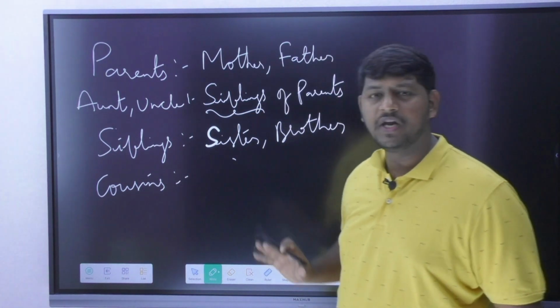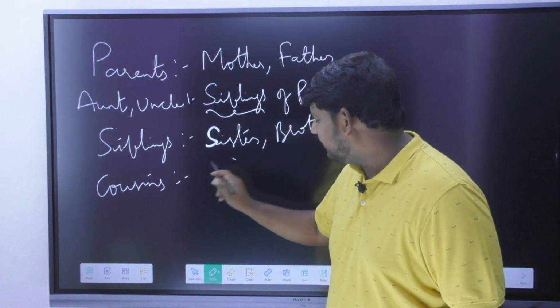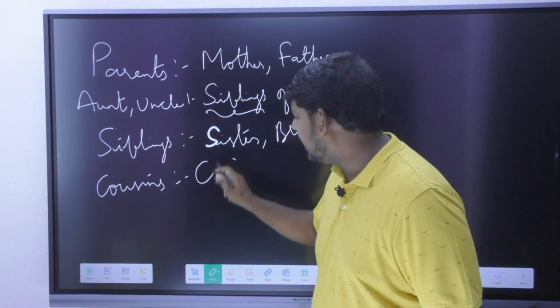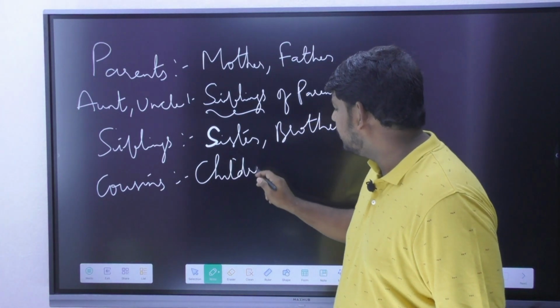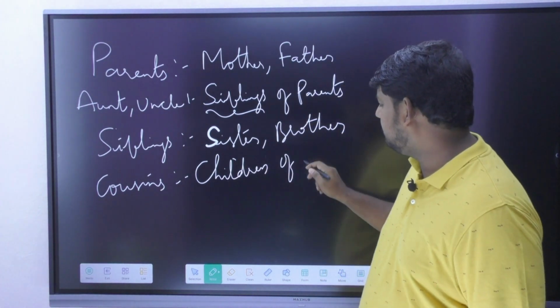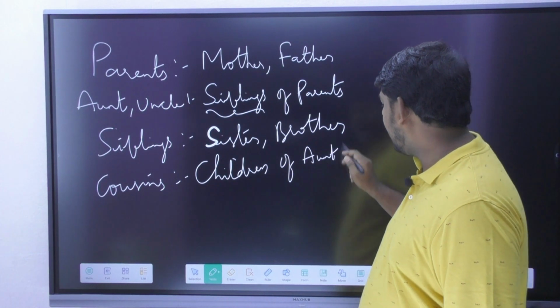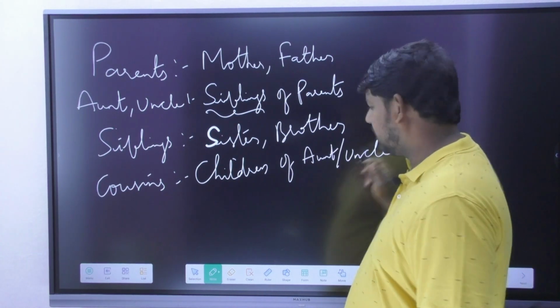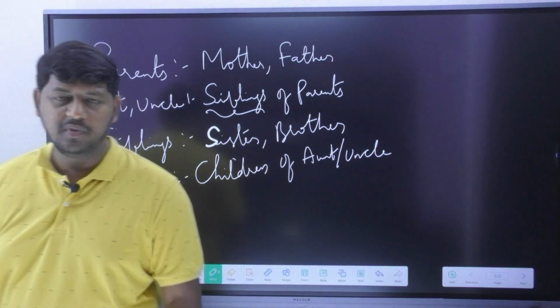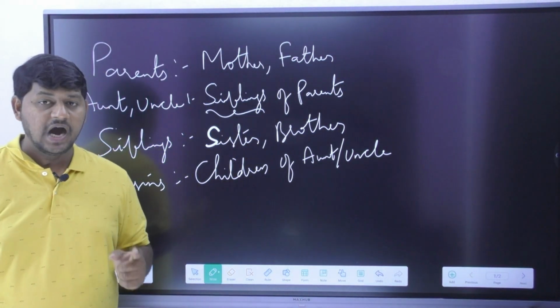Now, whom do we call a cousin? You have to understand, they are children of your aunt and uncle. Please remember, they are children of your aunt as well as uncle.